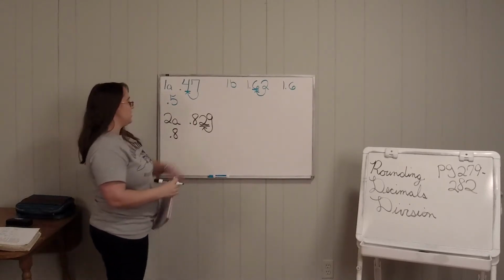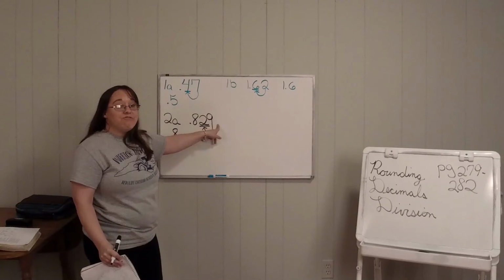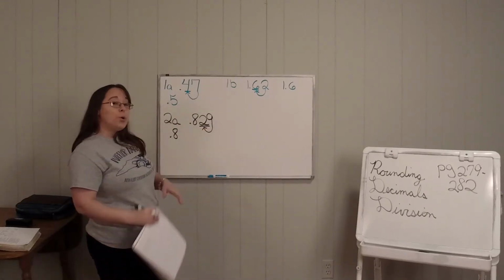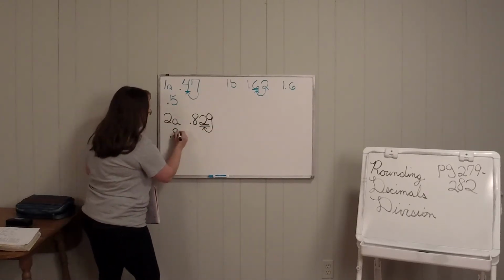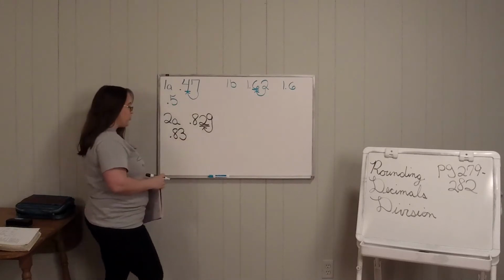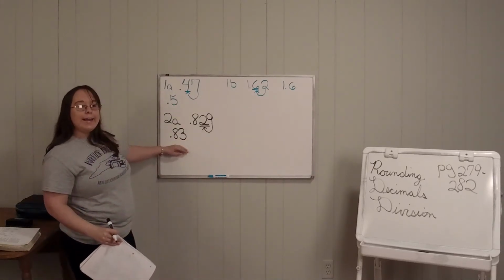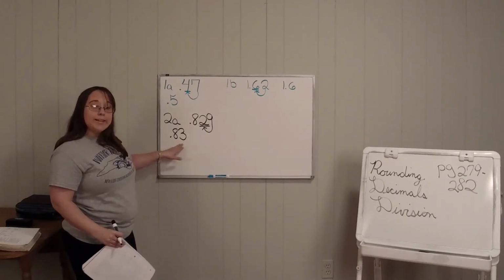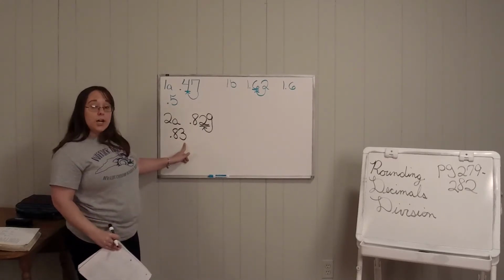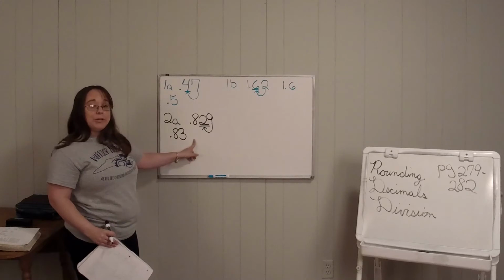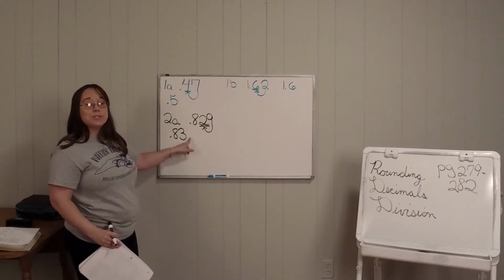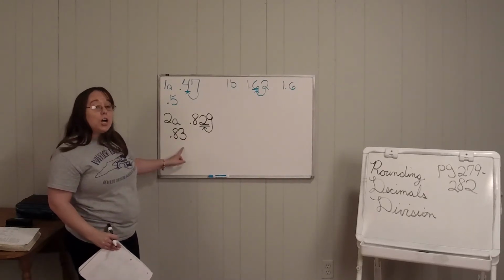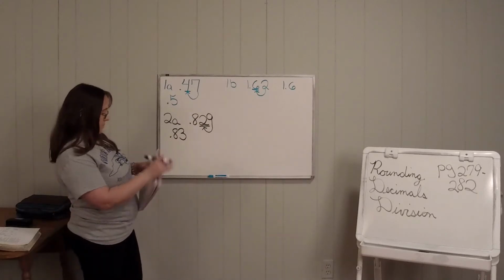Let's look at the 2, the 9. It's definitely more than 5. It's going to tell that 2 to go up 1 and become a 3. So your answer would be decimal 8 3/100. It said the hundredths place, so you only need a digit up to the hundredths place. You don't need to put a 0 because that would make it the thousandths place. We're in the hundredths place.